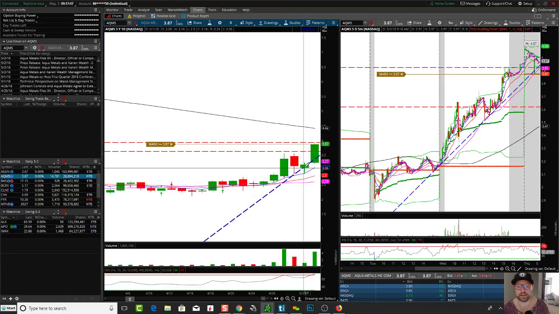So if AQMS is going to move upwards, you want to see it obey this intraday or few day trend line, hold, and get above $4. If it can, look at resistance potentially right around that 200 SMA. No coincidence being right under the 4.50 marker, the half dollar amount. Doesn't always happen that way, but there's no coincidence as to why that's happening. So that's what I'd be looking at for AQMS.